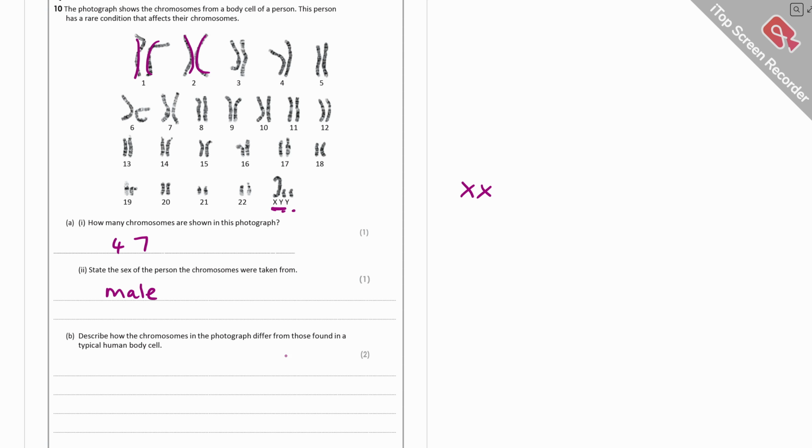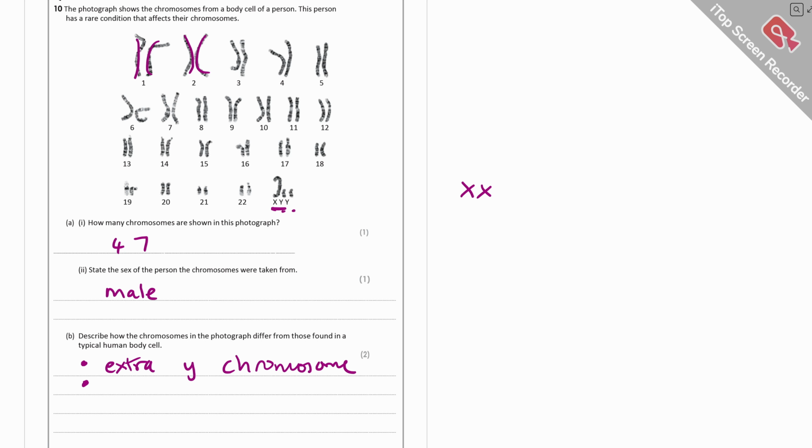Describe how the chromosomes in the photograph differ from those found in a typical human cell. Right, what's happened? So, right, it's got an extra Y chromosome. And why has it got an extra Y chromosome?